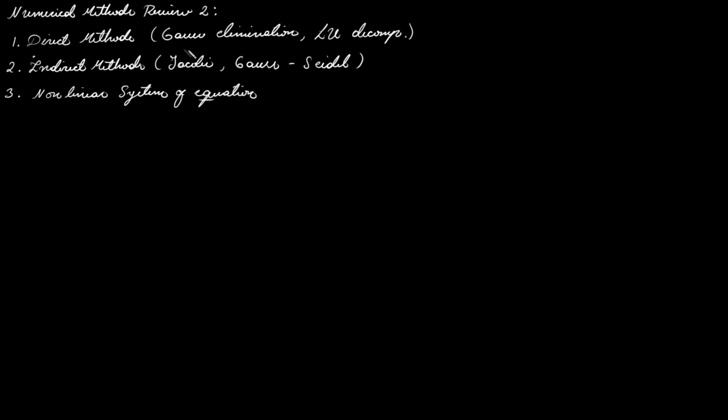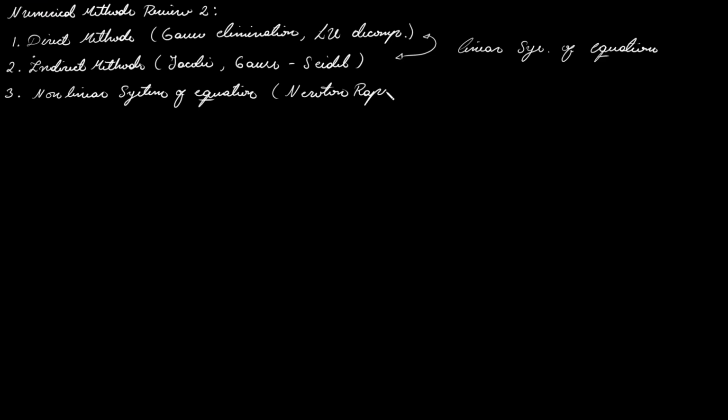So again, we have direct methods and indirect methods. Both of these are for linear systems of equations. And then the last one is going to be nonlinear system of equations, for which, just like in the previous project, we're going to use Newton-Raphson.